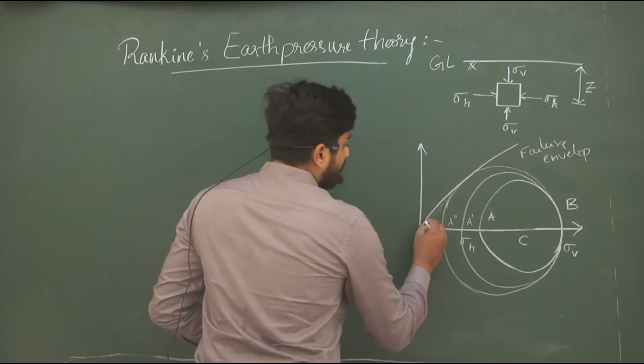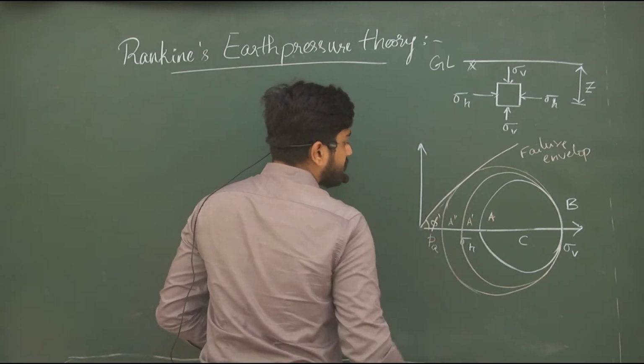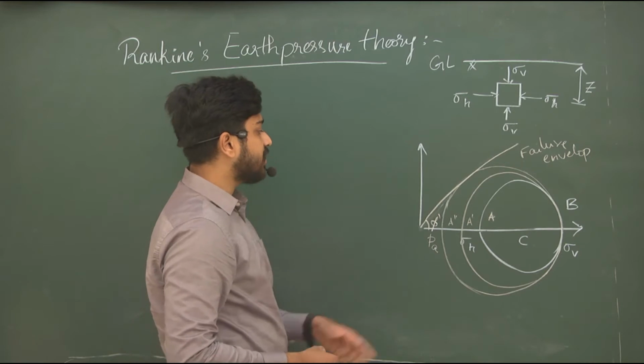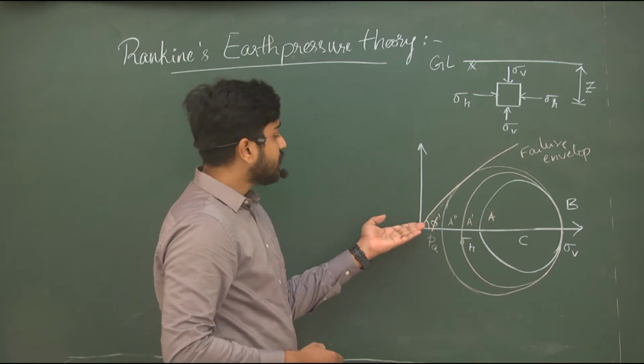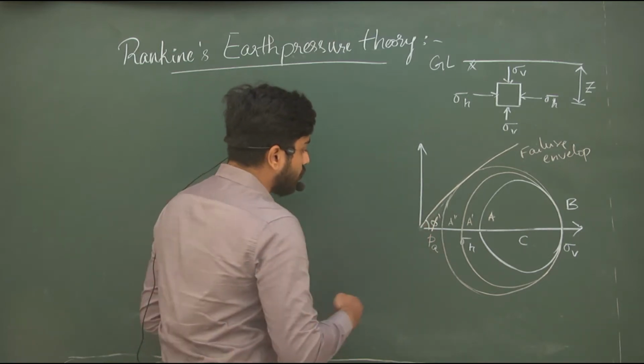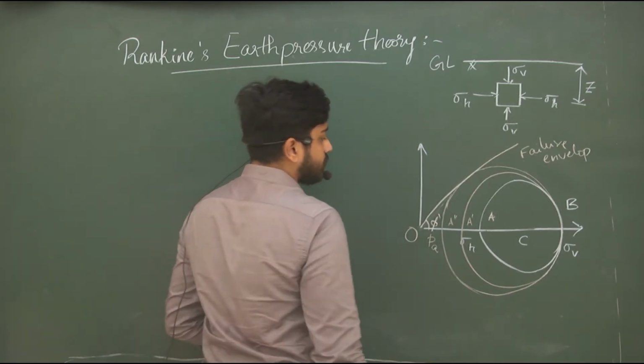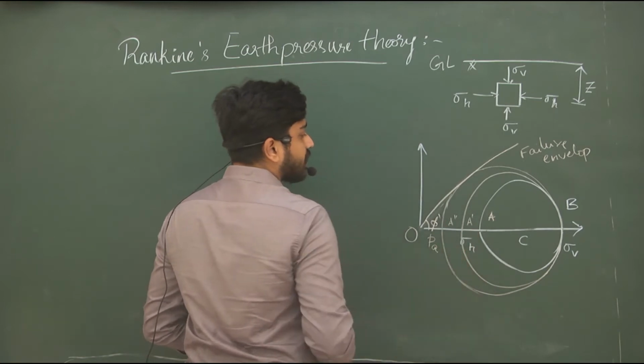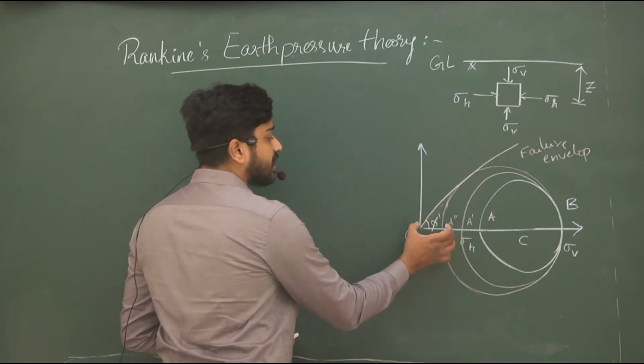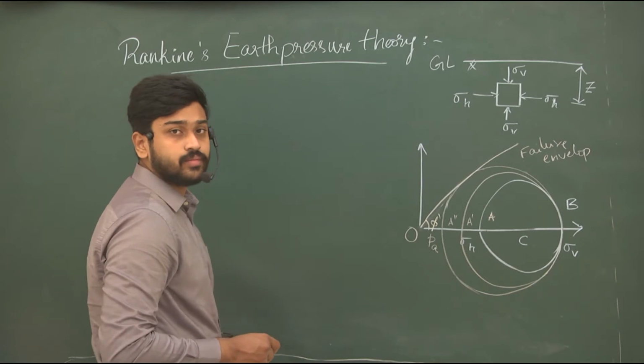Let this angle be phi dash, as we know it will be phi dash since it is a cohesionless soil. It will start with the origin O, and this is a double dash. For our particular case, since it is at the verge of failure, let us consider this particular diagram alone.